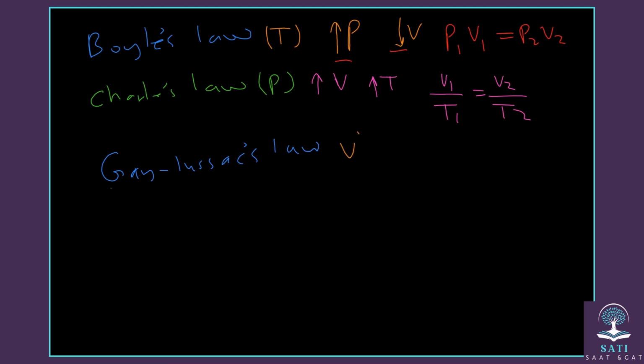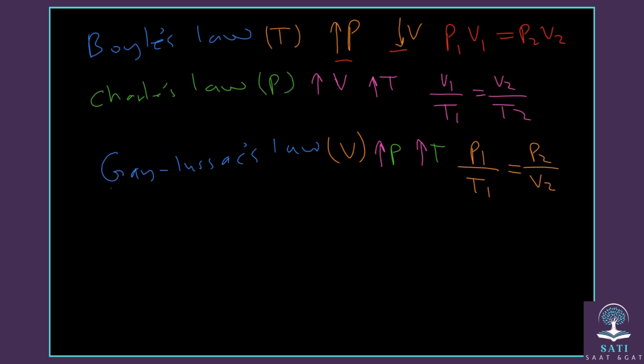If the volume is constant, we are studying the relationship between pressure and temperature. We said that the relationship is directly proportional. And how do we write it if it is directly proportional? We write it as division. So it can be P1 over T1 equals P2 over T2. So this is now Gay-Lussac's law.